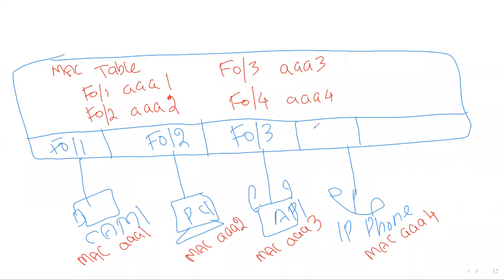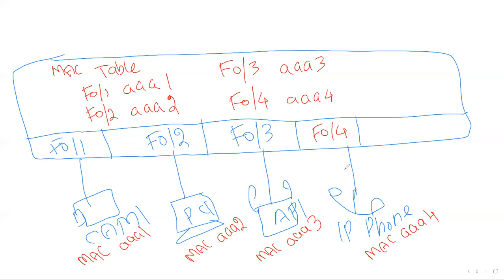If you look into this design, you can see that this switch has a few devices connected: camera 1 connected to port number 1 of the switch, a PC connected to port number 2, an access point for the Wi-Fi solution connected to port number 3, and IP telephony connected to port number 4.